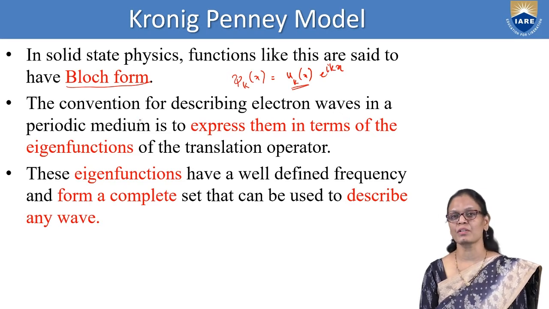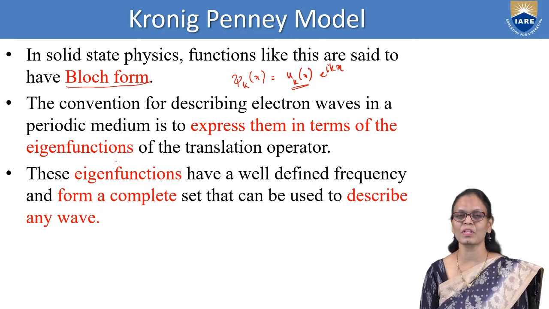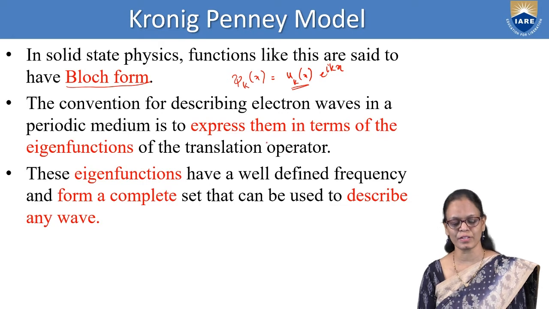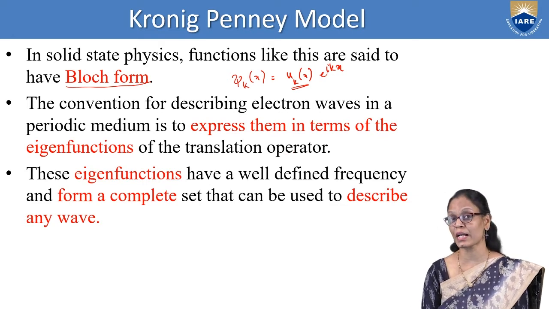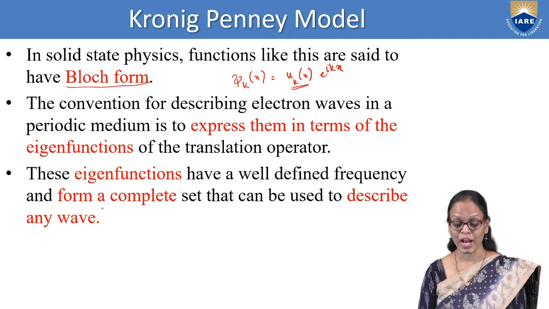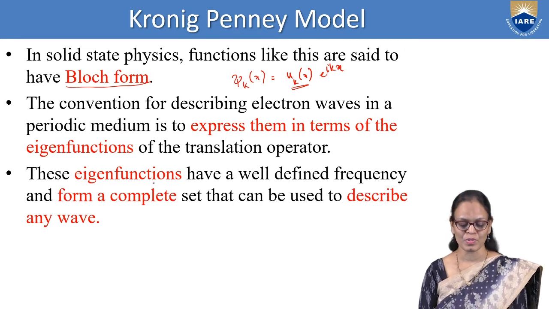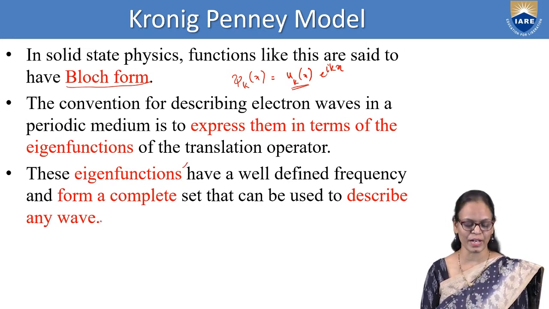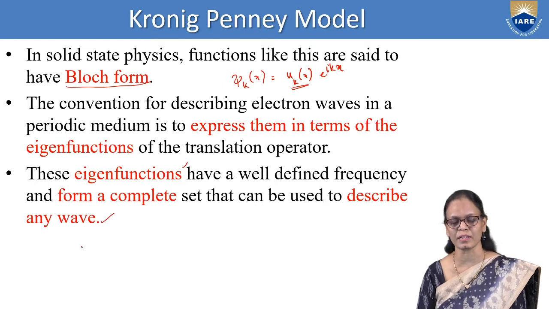The convention for describing electron waves in a periodic medium is to express them in terms of the eigenfunctions of the translation operator. This we have already discussed. These eigenfunctions have well-defined frequency and form a complete set that can be used to describe any wave. So whenever you have the wave functions, you can describe the wave nature very easily.